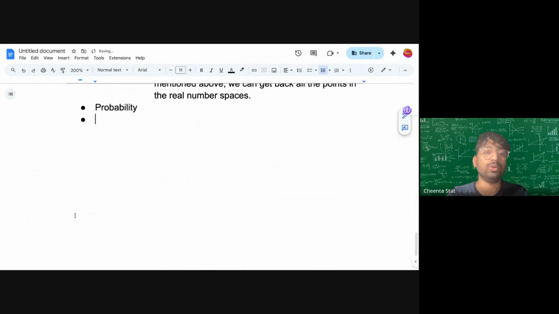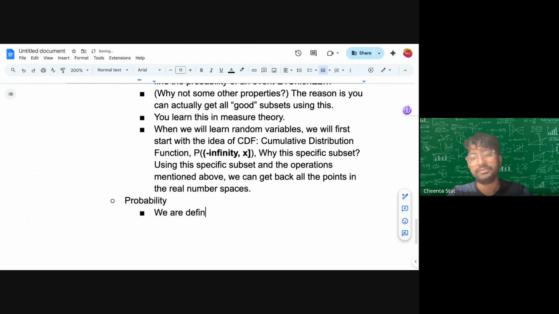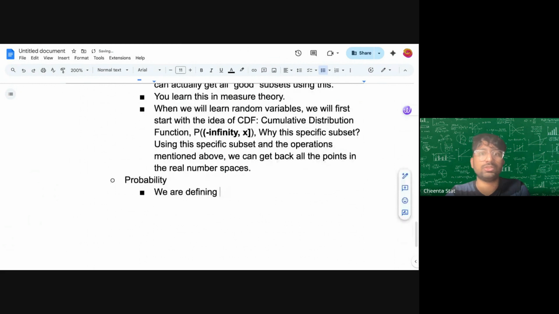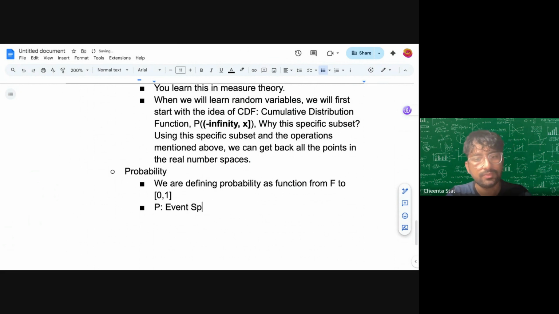How do we define probability? So now it's very easy. We are defining probability now as a function. We want to give a measure. We define probability as a function from F, this event space F, to 0, 1.